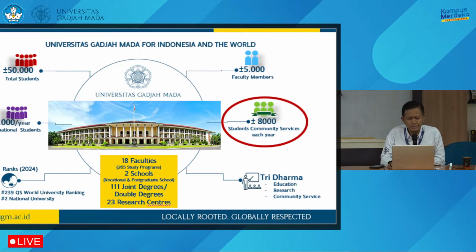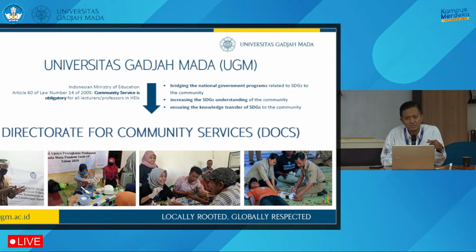Even at the level of the government, there is some policy that has to be implemented by the university. So that's why the Directorate for Community Services has been founded by Universitas Gadjah Mada, to bridge this kind of action, increasing SDGs understanding and abilities in the community.